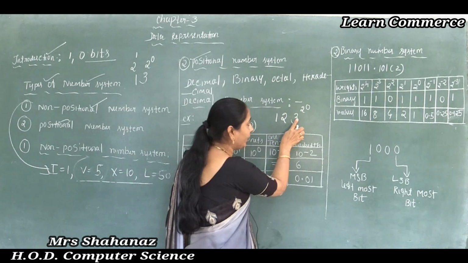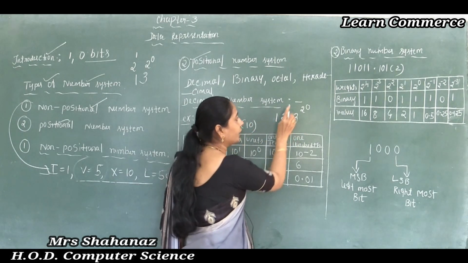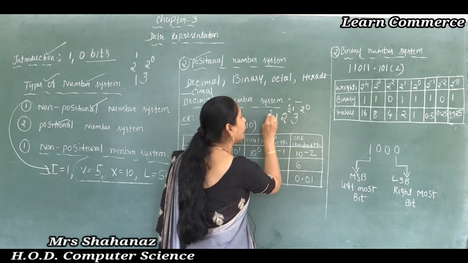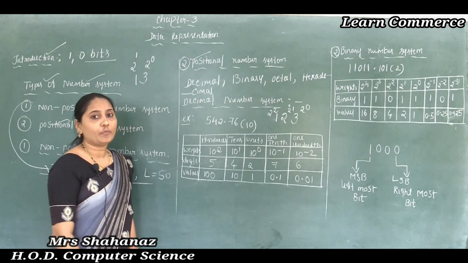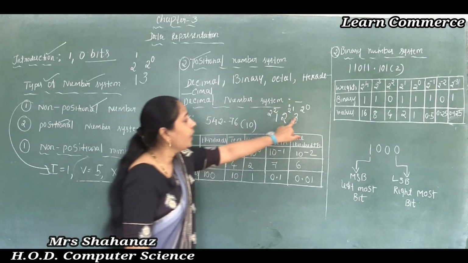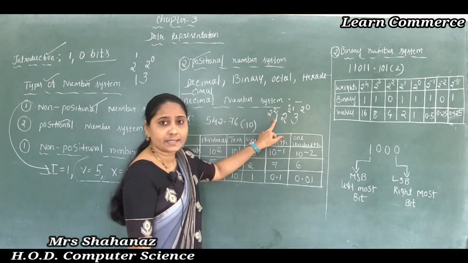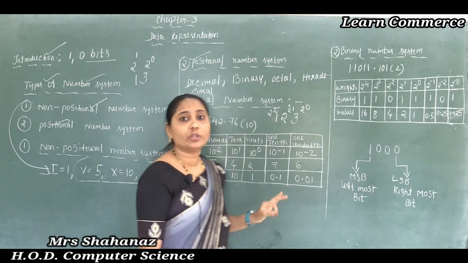That means it is the unit, the tens, and the hundreds place, so the units 2 to the power of 1 and 2 to the power of 2. Like that we provide a position value to each number. Clear this point here? That means units, tens, hundreds.